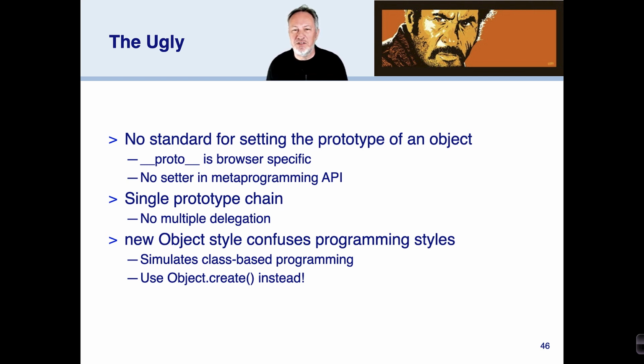It kind of simulates class-based programming, but not completely. Instead, what would be much better is to acknowledge the fact that the paradigm is different. You're not programming with classes. So instead, try and program with prototypes and use Object.create instead. Use cloning rather than subclassing, and use delegation rather than inheritance.